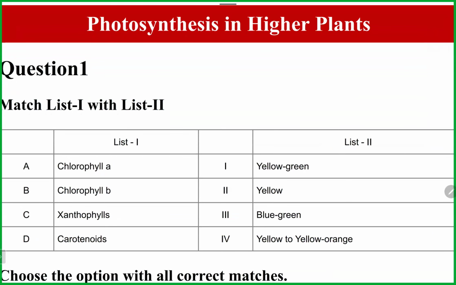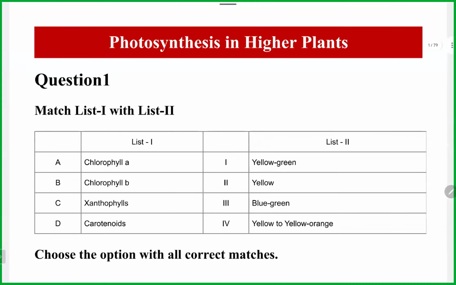Chlorophyll B is still green, and xanthophyll yellow. You can solve this question, correct? Chloro means green, so chlorophyll B has greenish color. And last, yellow is left, xanthophyll.